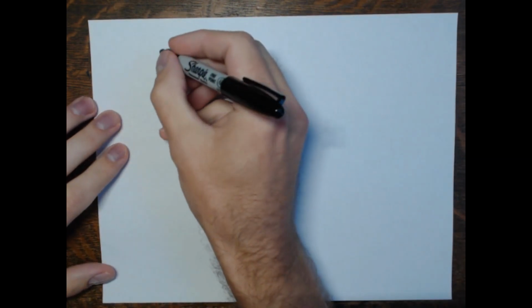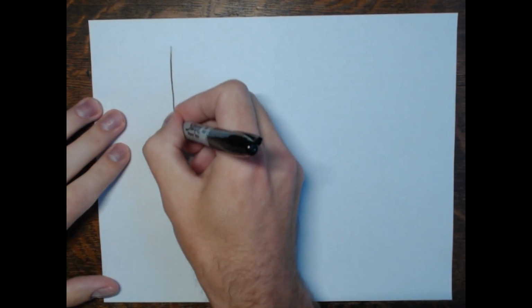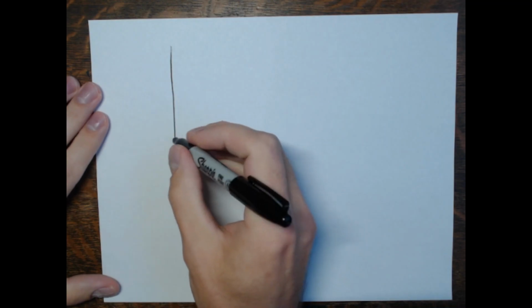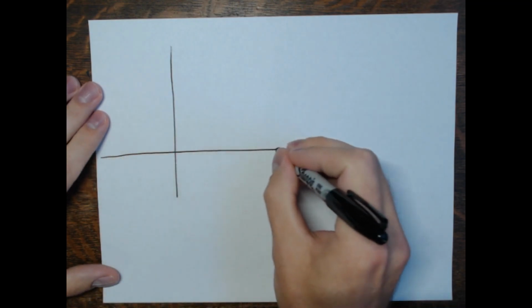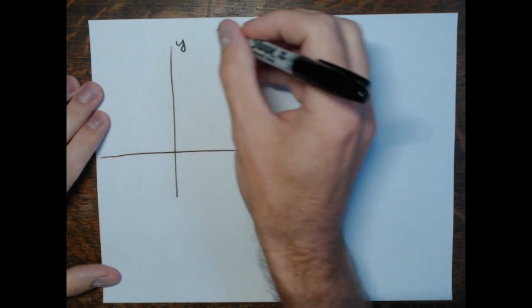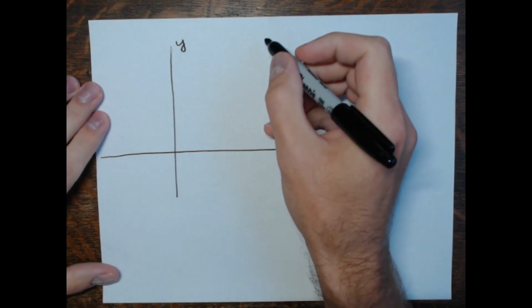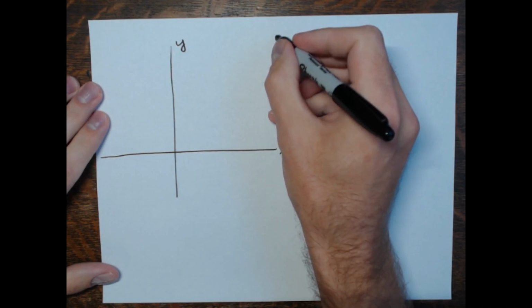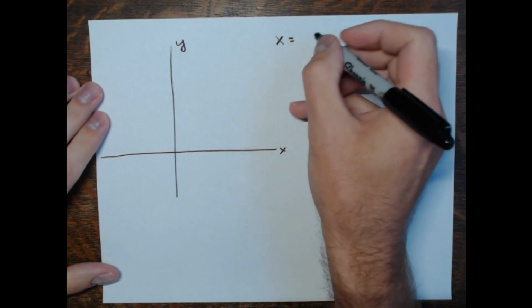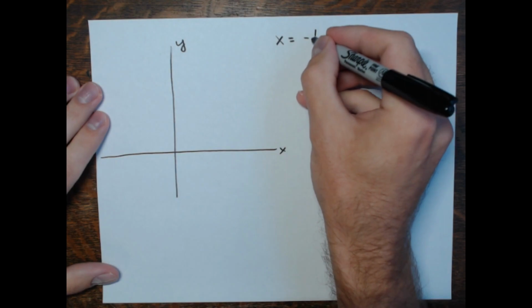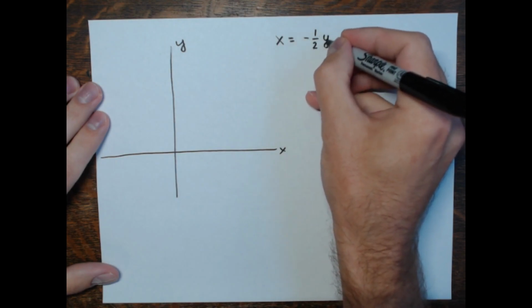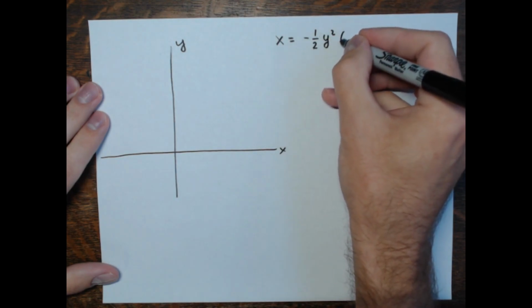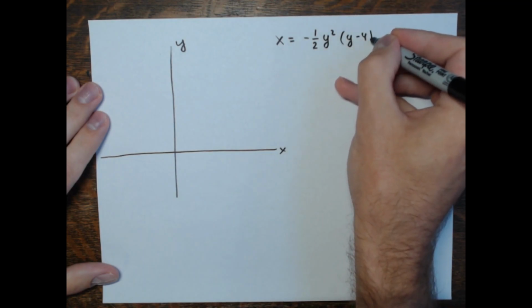All right, let's see. So the curves that bound this region, we have u of y, or just x, equals negative 1/2 y squared times y minus 4.